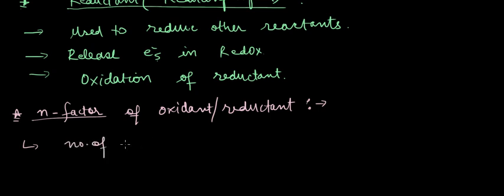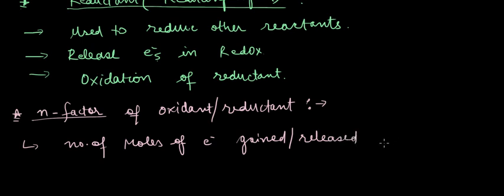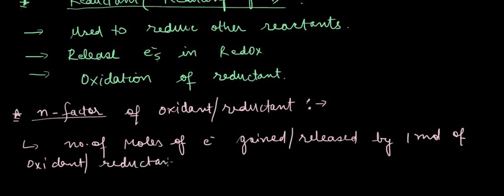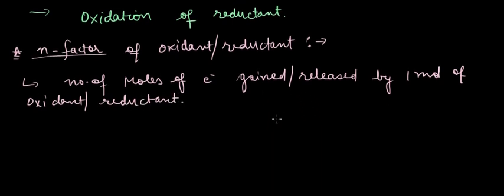So the number of moles of electrons gained or released by 1 mole of oxidant or reductant would be its n factor.